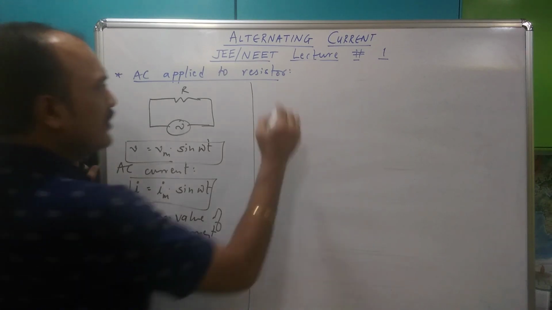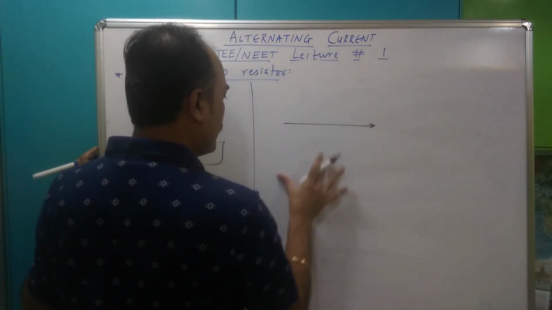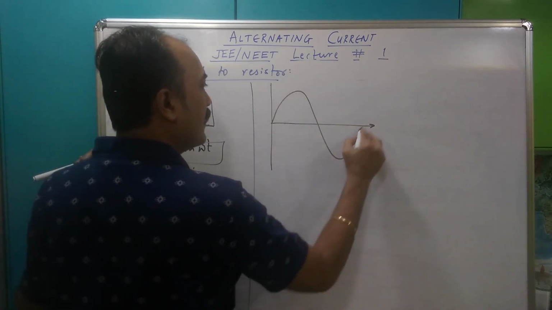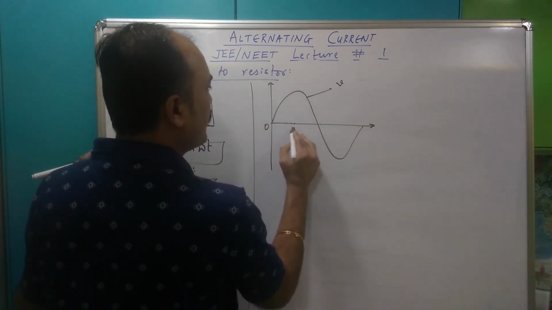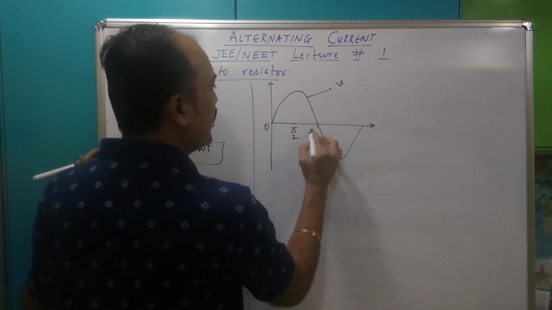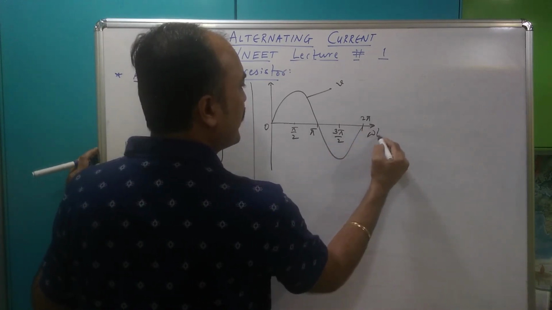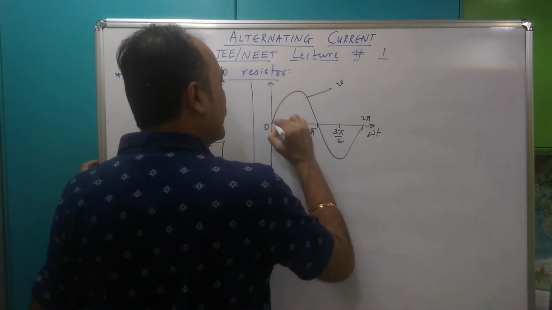I draw a graph. Let me try to put it on this board itself. This is your voltage, as standard stuff. Is pi by 2, is pi, is 3 pi by 2, and this is 2 pi. This is omega t. And if I would draw the current, it would be something like this.